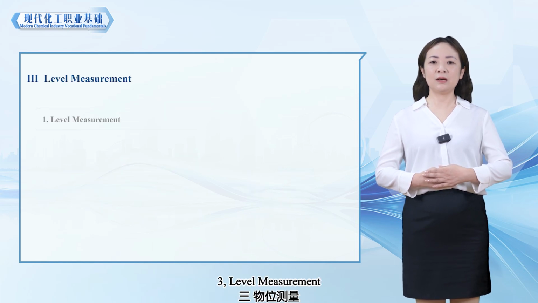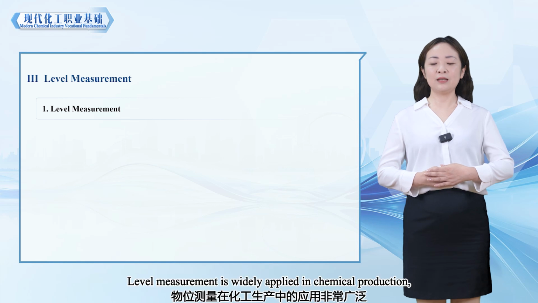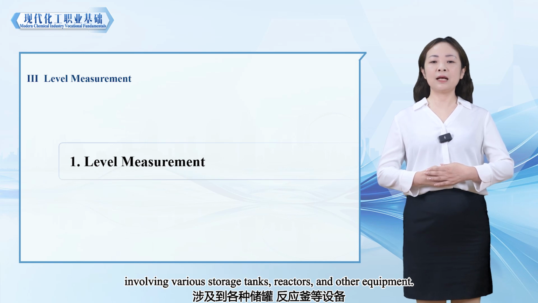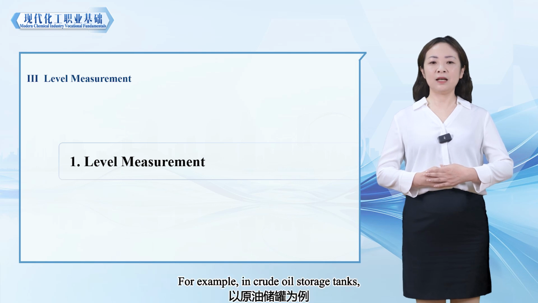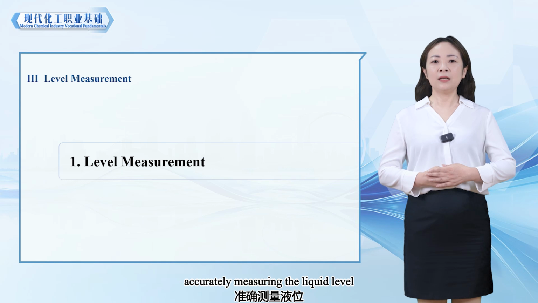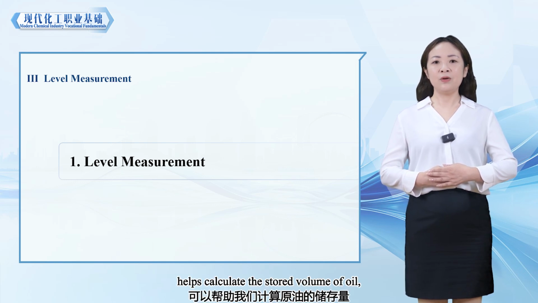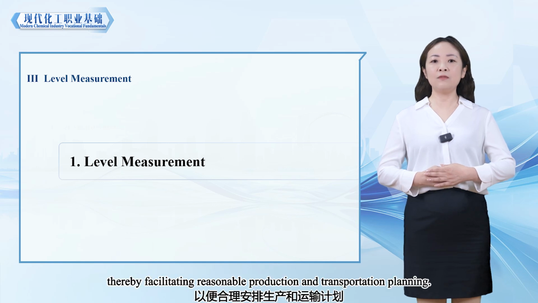Third, level measurement. Level measurement is widely applied in chemical production, involving various storage tanks, reactors, and other equipment. For example, in crude oil storage tanks, accurately measuring the liquid level helps calculate the stored volume of oil, thereby facilitating reasonable production and transportation planning.